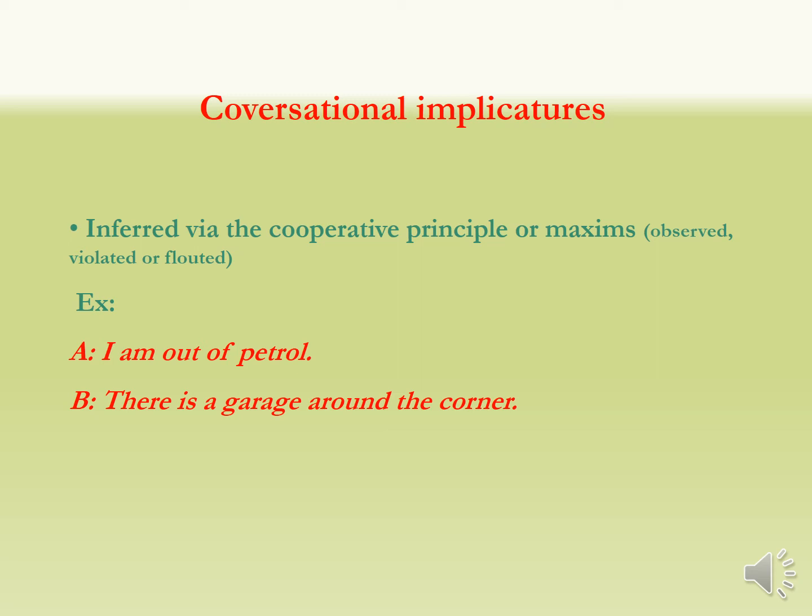Then if a garage is associated with a car, then definitely he has a car and he is out of petrol. Sometimes we implicate the meaning from the actual word that we utilize. We implicate the meaning while utilizing different words that indicate different meanings.